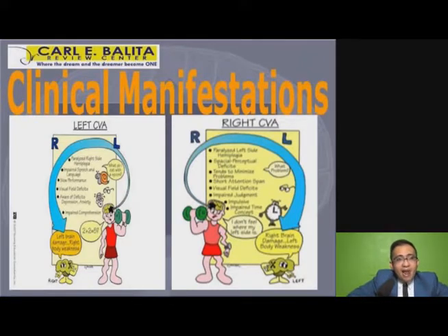So, you have the left stroke and the right stroke. Okay, for the left stroke. Sabi natin, ano ang mga function ng ating left side? The left side, doon natin matatagpuan ang function ng opposite side of the body. So therefore, anong mangyayari? Magkakaroon tayo ng tinatawag nating weakness and paralysis of what side of the body? Of course, that would be the right side of the body.